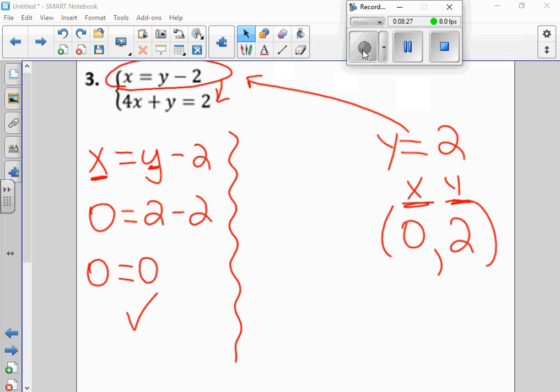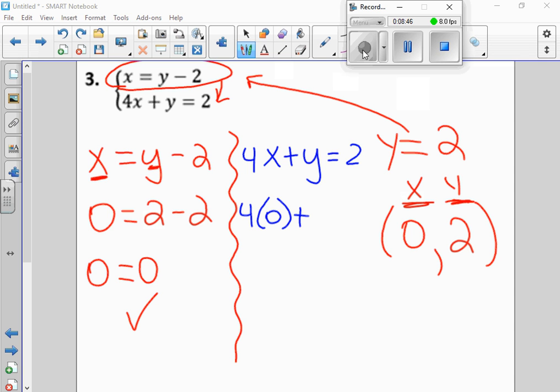Let's do it in maybe blue. So we have 4x plus y equals 2. Wherever we see x, we know we need to put a 0, and wherever we see y, we put a 2. So I have 4 parentheses, always put it in parentheses, 0 plus y is going to be 2 equals 2.